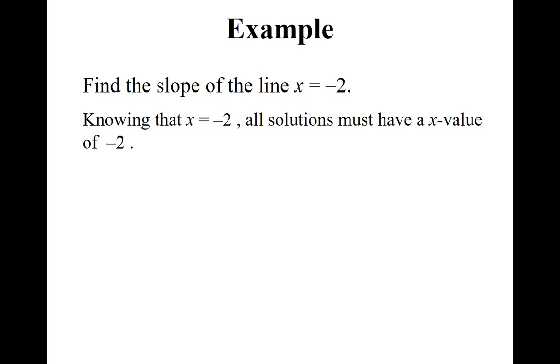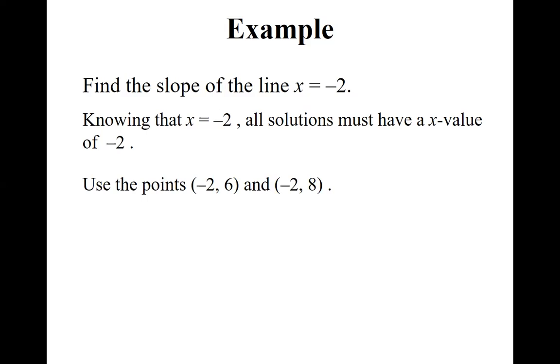So let's at random pick 2 points where x is -2. Maybe -2, 1. Maybe -2, 2. Maybe -2, 3. We're going to use -2, 6 and -2, 8.